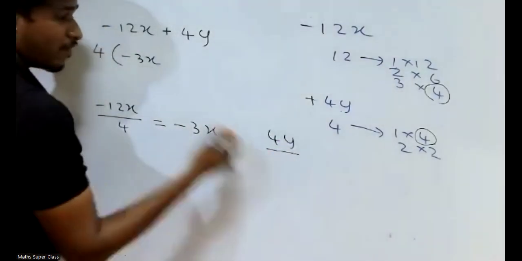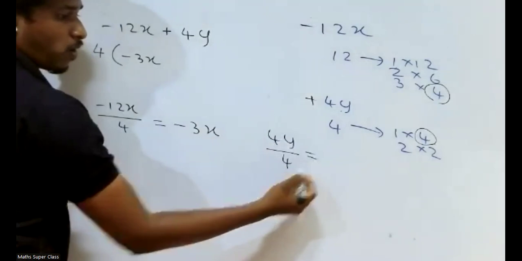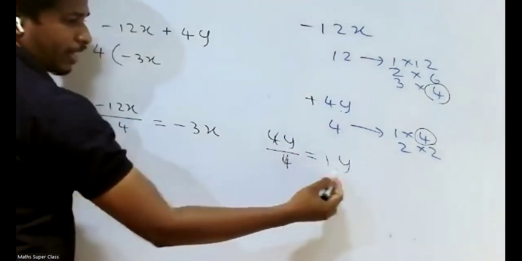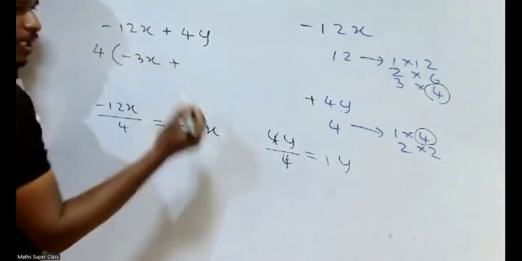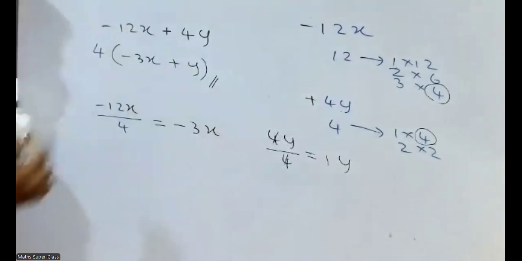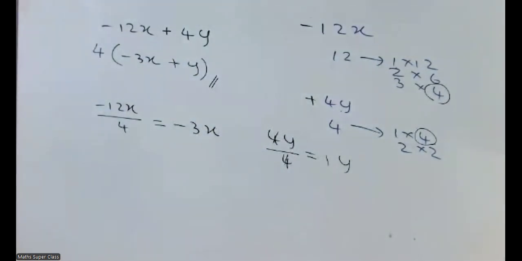Plus 4y divided by 4, plus 4 divided by 4, 1y. It means plus. Okay, 1y means what? Fikra, just a simple mistake, no?